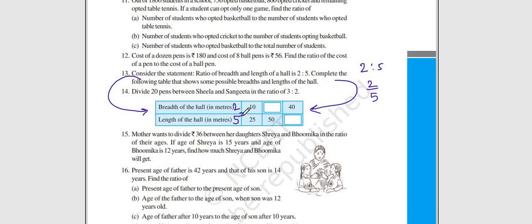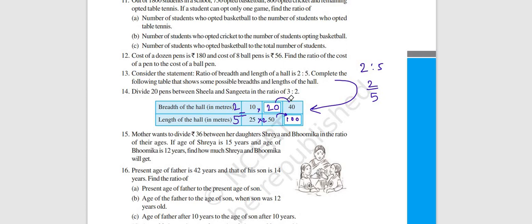Just like equivalent fractions, 2 becomes 10, 5 becomes 25, 2 5s are 10, so it is also 20. 10 become 40, that means 4 times. Or 20 become 40, double. So it will also double, means 100. These are the answers. Fill it.